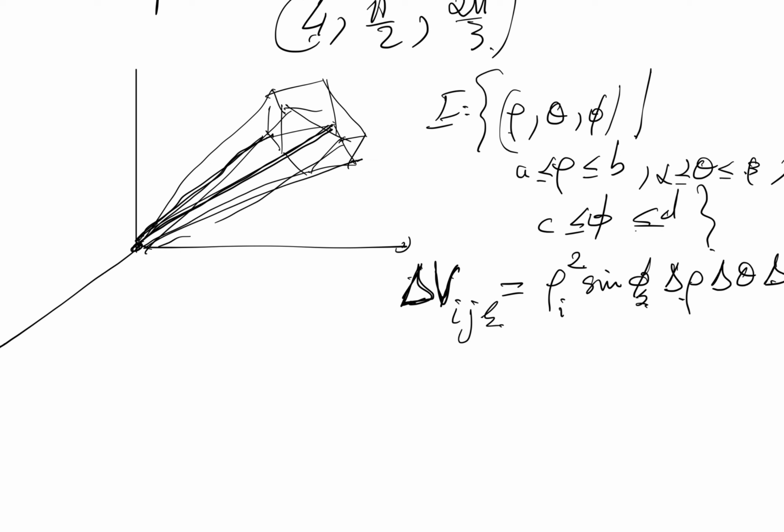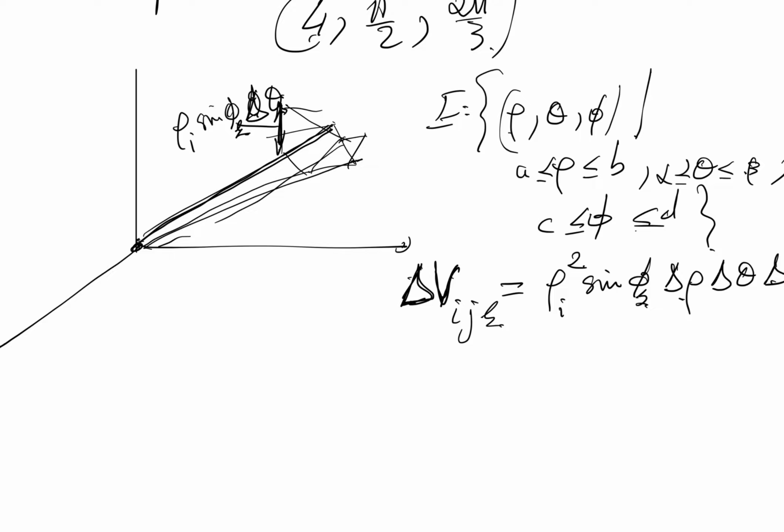Now, let me go back. The width. If you have a box, the way I draw the box is a little bit not nice, but just understand. Look here. So the distance between here to here is just rho i sine of phi k delta theta.